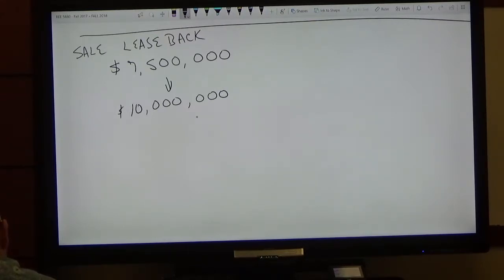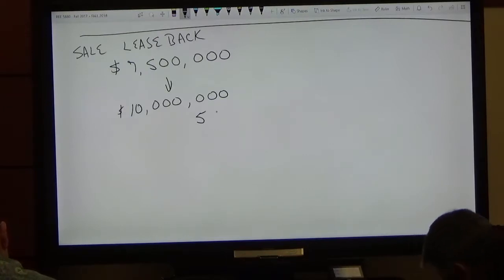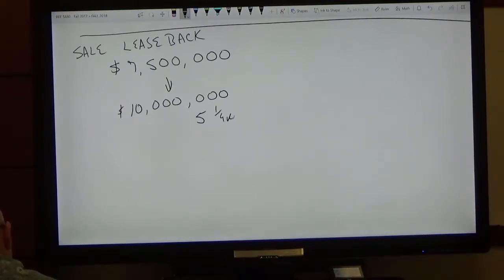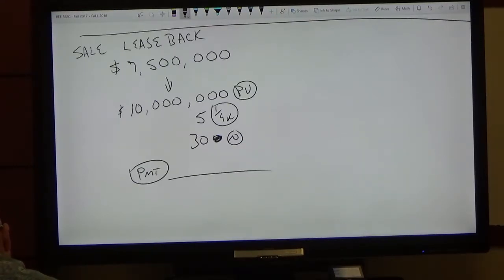And maybe under those circumstances, they get a lease that's based on like a 5% interest rate for, let's say, 30 years, which is almost like a loan, but that means that their payment on this would be like $53,682.16 per month.